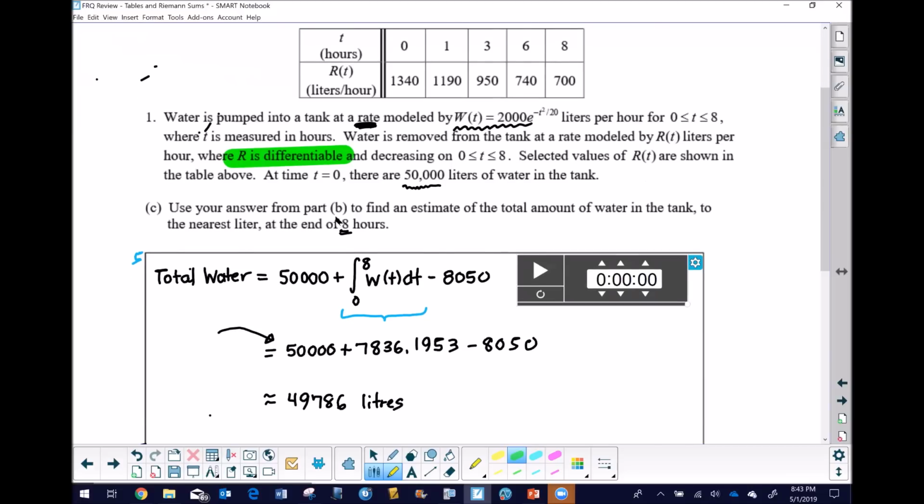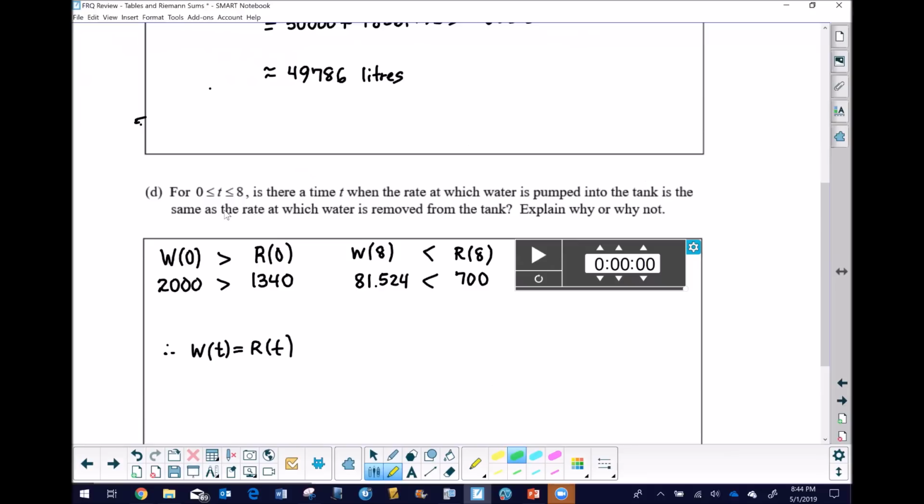So you will need to make some kind of a statement either before W of t equal R of t or after, but just simply say W of t minus R of t, or vice versa, is continuous. Right? You know that that's true. If the two individual functions are continuous, their difference is going to be continuous.